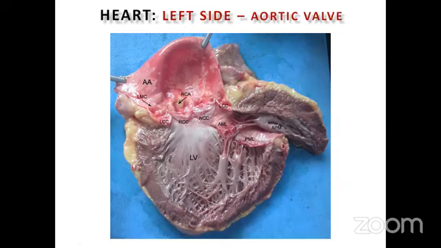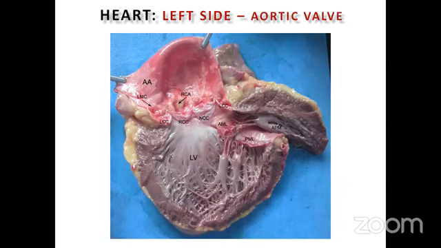You can also clearly see that the line of closure is very well demarcated, and the portion above the line of closure and below the free margin is called the lunule. So these are the features that we look for in the aortic valve.